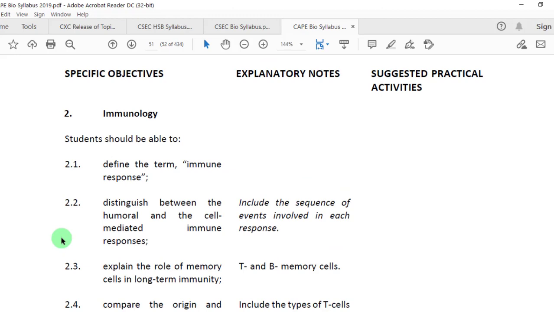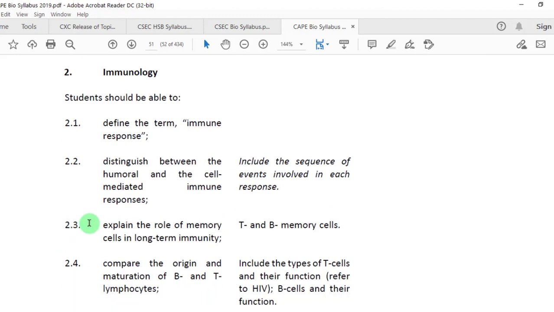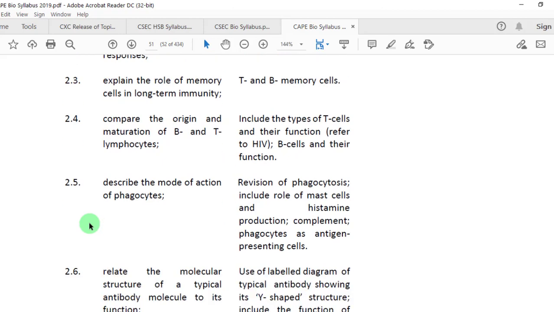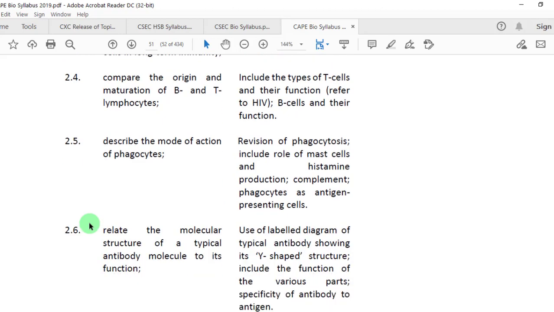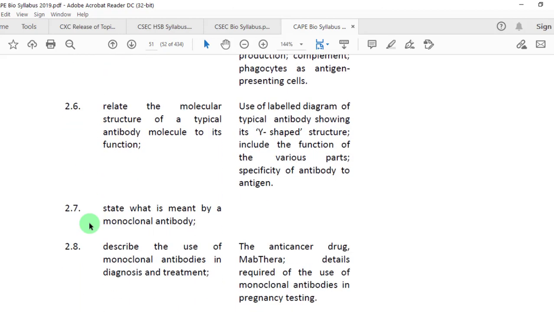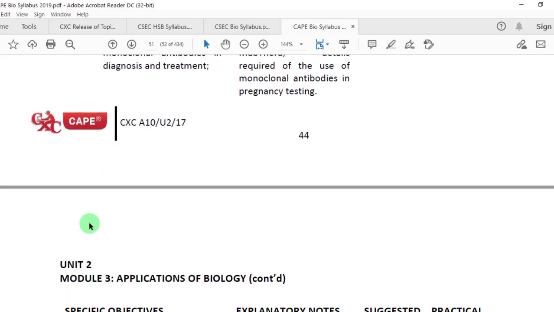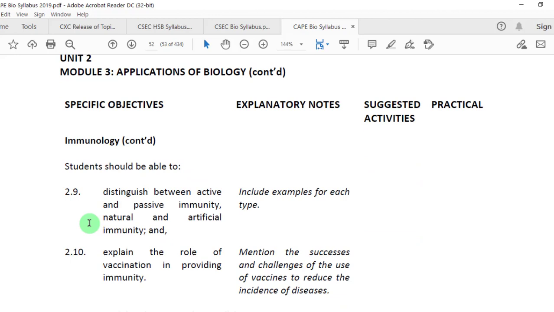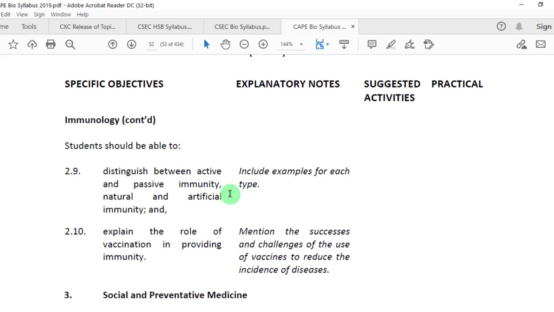Right, immunology. So immune response, types of immune responses, your memory cells. Yeah, it's a relatively large section. We have about 10 objectives. Yeah, that's it for immunology.